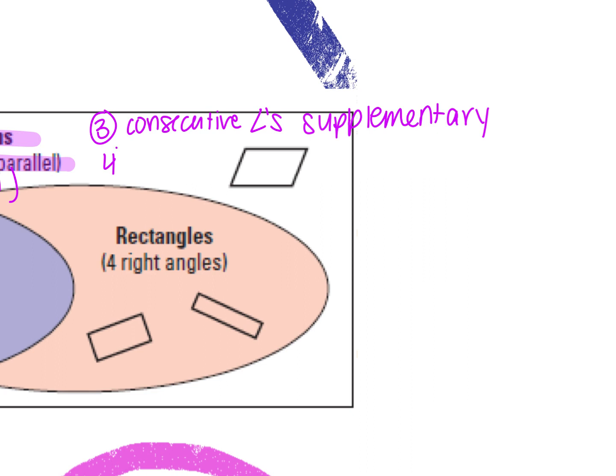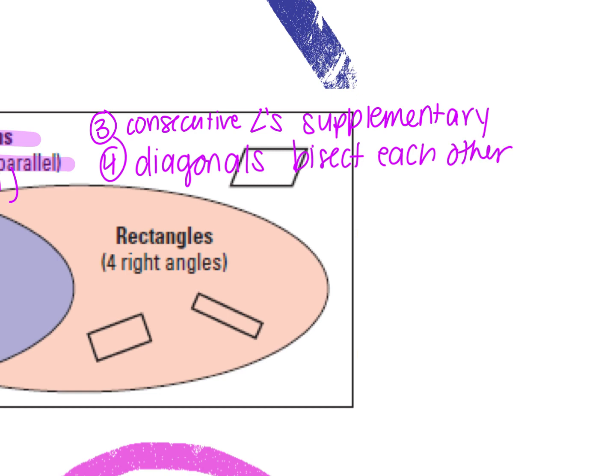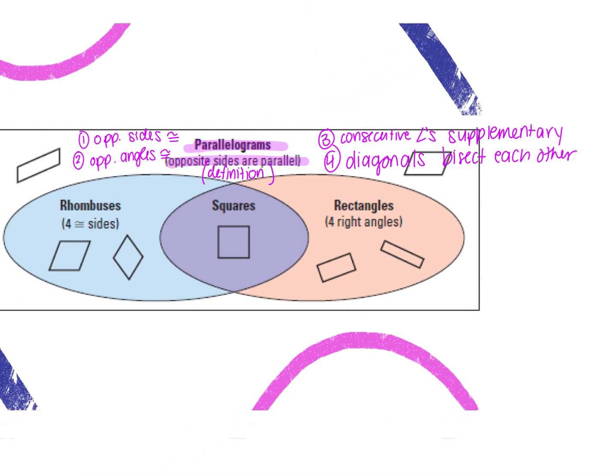And then 4, which is my last one, your diagonals bisect each other. Okay, so these are 4 things that we should already know about parallelograms. We covered them, we went over them, you guys had a quiz on them. 4 things that make a parallelogram.